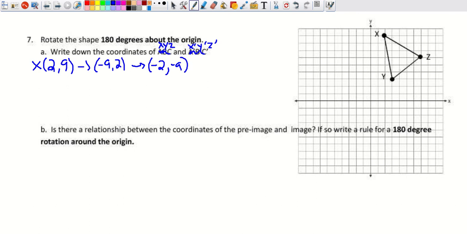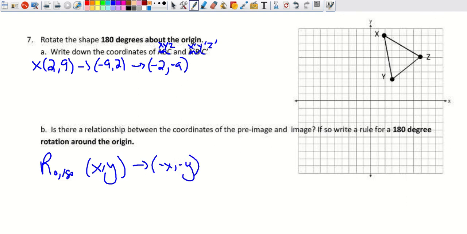So what actually happened is that to do my rotation, should I write lowercase r? My rotation about the origin of 180 degrees, the point (x, y) became the point (-x, -y). So I just switched the signs.